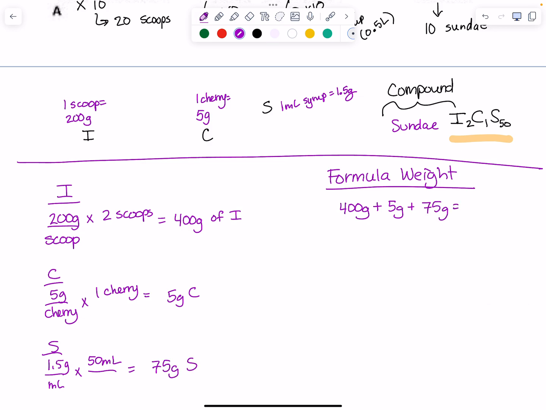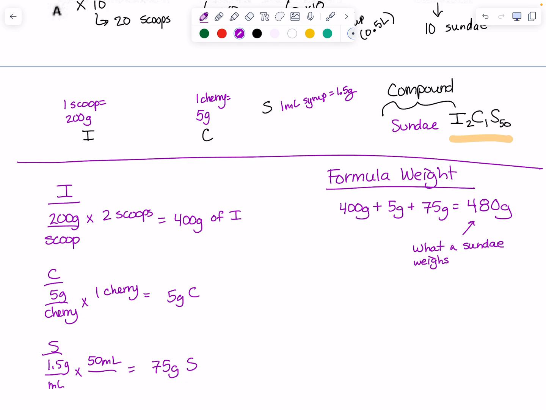So 1 sundae weighs 480 grams. This is what a sundae weighs. I think I'm vastly underestimating the mass of ice cream, but that's okay. It'll be a teeny tiny sundae.